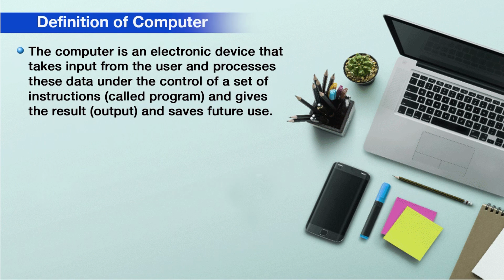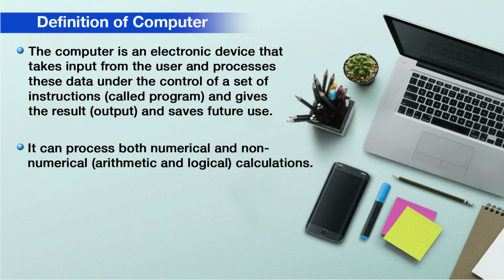The computer is an electronic device that takes input from the user and processes the data under the control of a set of instructions, which is called a program, and gives the results, which is output. It can process both numerical and non-numerical calculations, that is arithmetic and logical.